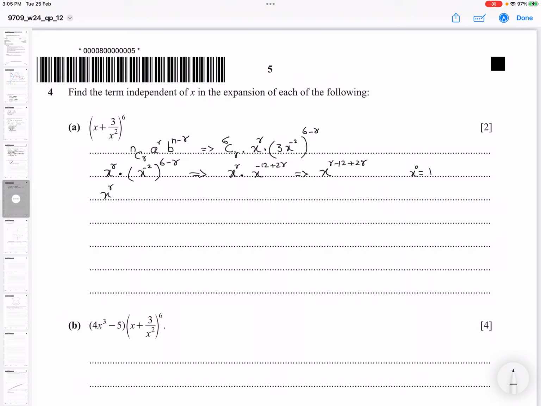x power r minus 12 plus 2r is equal to x power 0. So bases are same on either side of the equal sign, so I can equate the powers, which is r minus 12 plus 2r equals 0, and from here I can find the value of r.